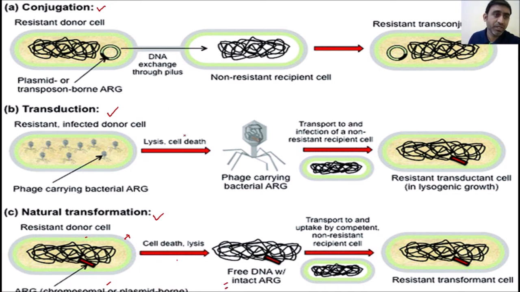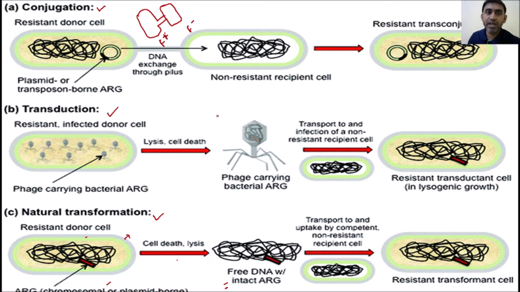This is transformation. In conjugation, what happens? The uptake of genetic material takes place. Conjugation generally happens in bacteria. Suppose this is one bacterium and this is another bacterium, and this is the conjugation tube. Suppose this is an F plus bacterium. F plus means male and F minus means female.